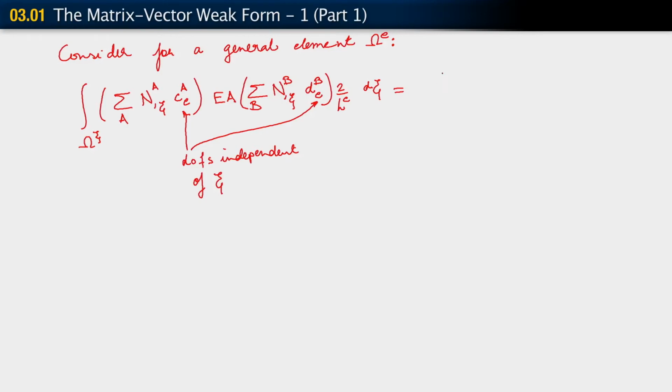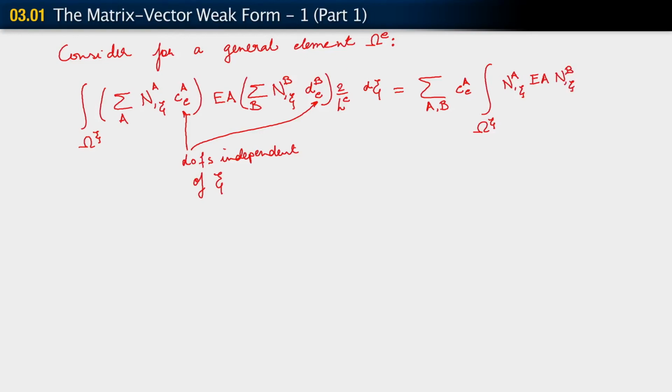We can now pull the summation symbol out, and for the sake of brevity, I'm going to write this as a sum over a and b. We get c a e outside the integral, and within the integral, over omega e, we have N a comma c, E A, N b comma c.